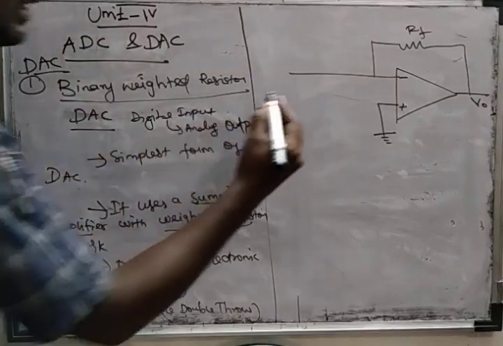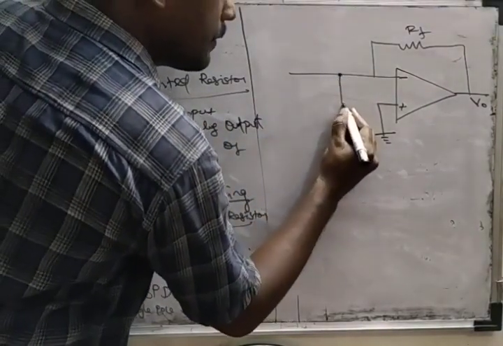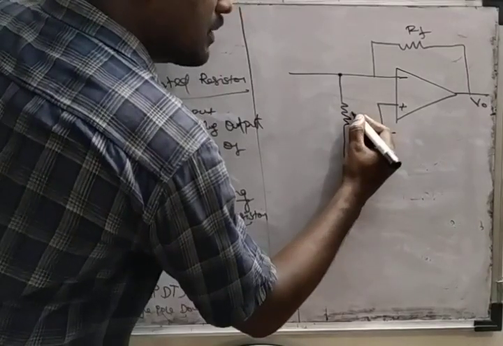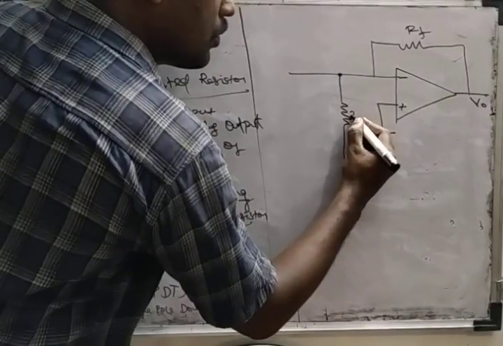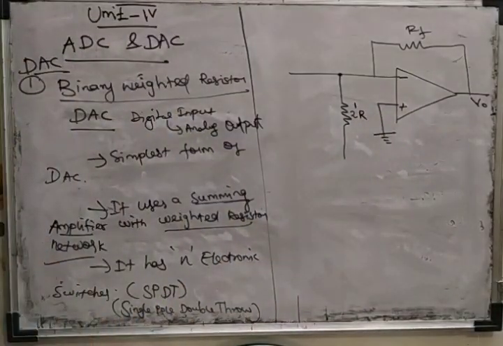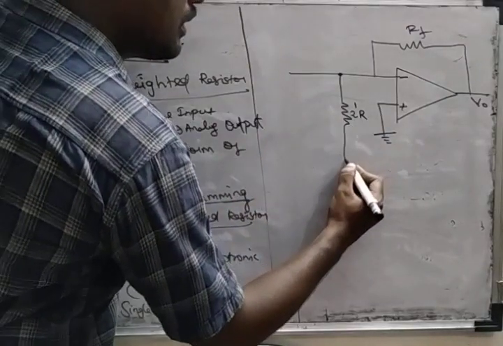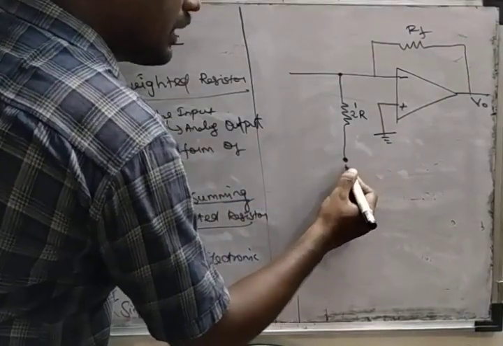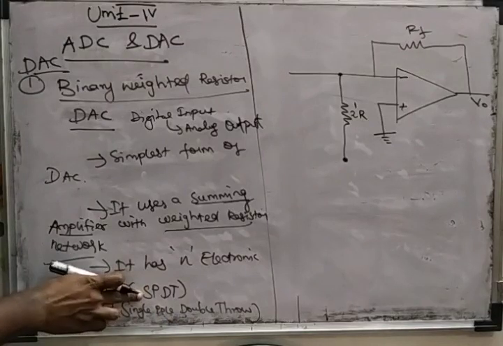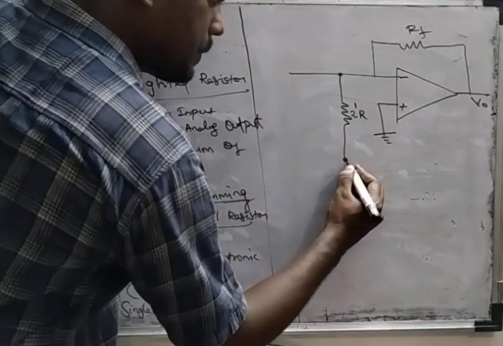We are connecting a resistor whose value is 2 power 1 into R. Here we have this SPDT switch, single pole double throw switch.